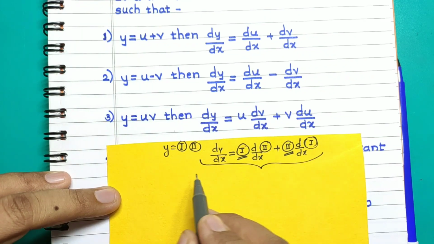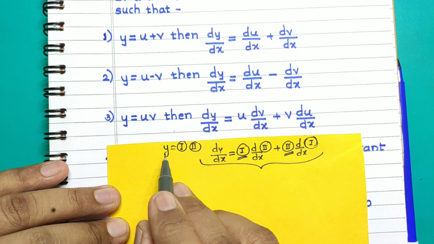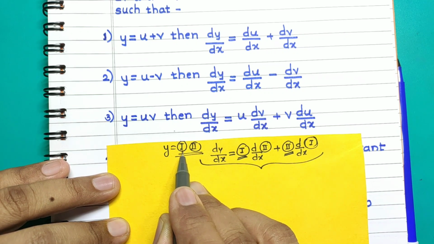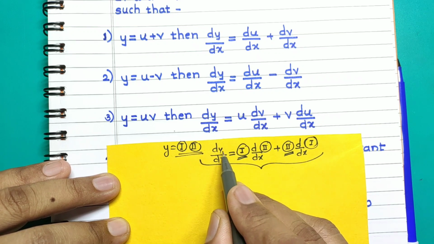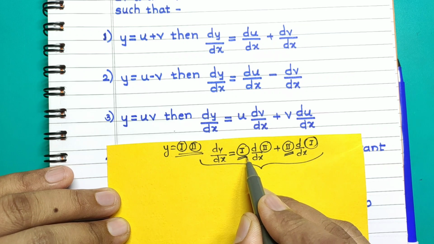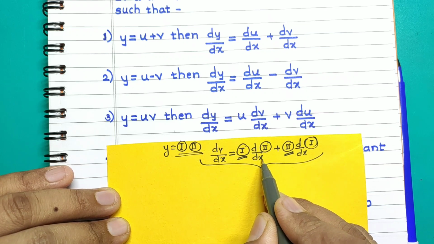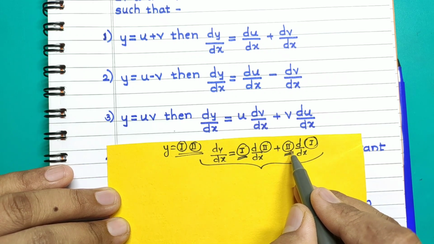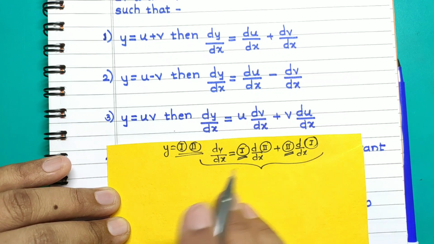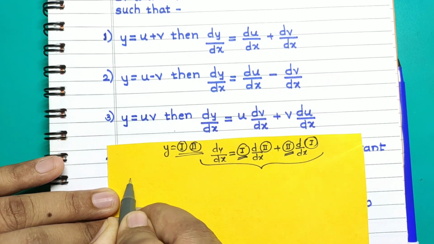So this is for your understanding only. If y is the product of two functions, first function and second function, then its derivative dy by dx is equal to first function as it is into derivative of second function plus second function as it is into derivative of first function. Let's take some example.